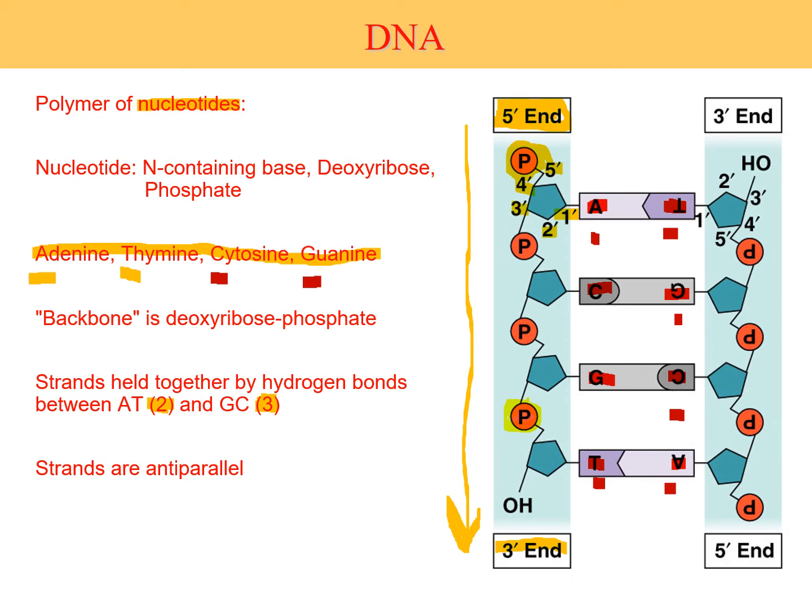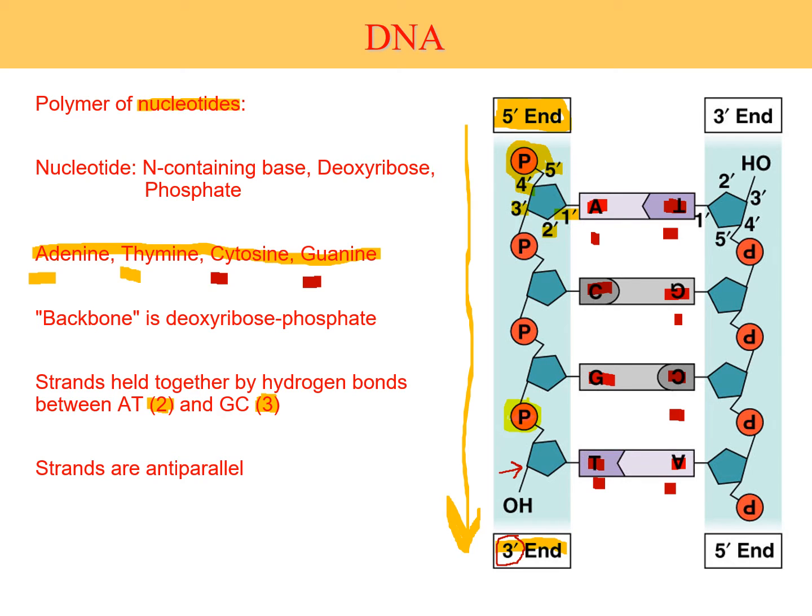And as you can see, this here, right there, I'll do it as an arrow, right here in that position, that's the 3' carbon, so that's the 3' end of the molecule.